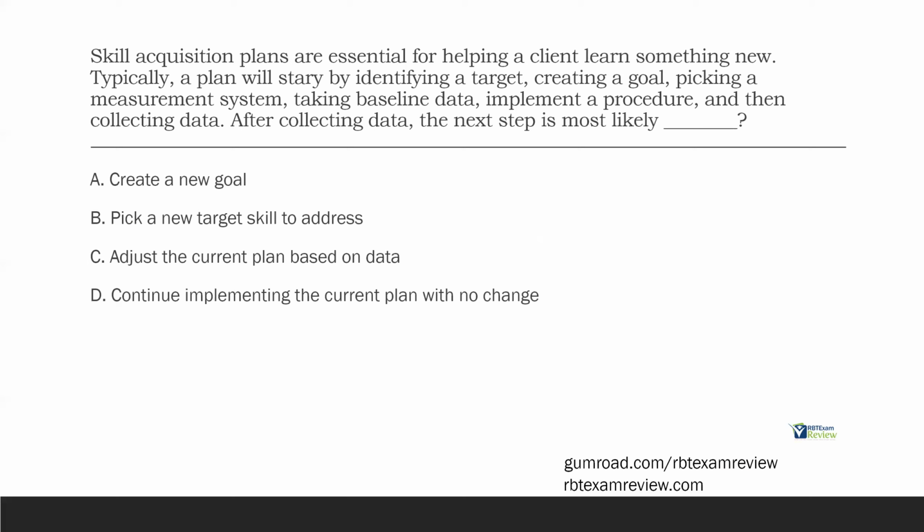Again, we don't know. A, B, and D are all possibilities. But before we can pick a new goal, master a skill, or continue implementing, we have to adjust based on the data we just collected. You have to analyze the data. Data is no good if we don't analyze it. So the next step after collecting the data is you look at that data and you adjust based on what you see and what that data tells you.